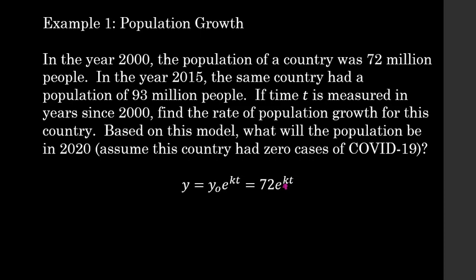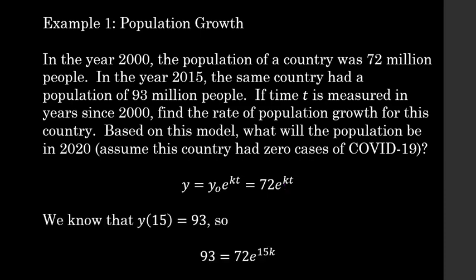The year 2015 is 15 years after the year 2000, obviously. So t is equal to 15, and when t is equal to 15, the population is 93 million, or in this case, 93. I can make these substitutions into my model, and I find that 93 is equal to 72 times e raised to the power 15k.